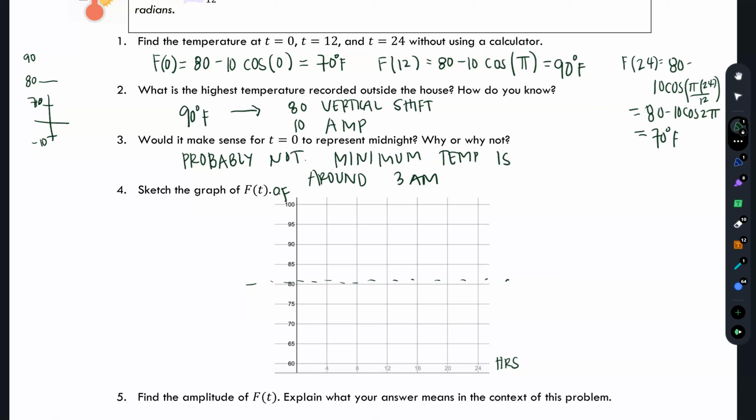At 0, we are at 70. Okay. At 12, we were at, what, 90? And then at 24, we're back down to 70.